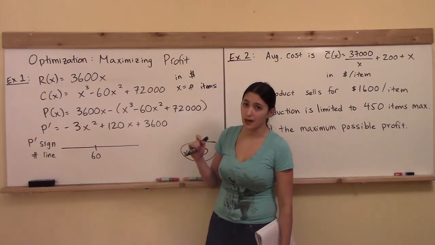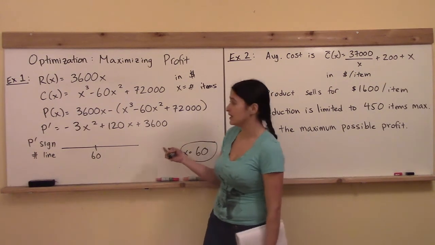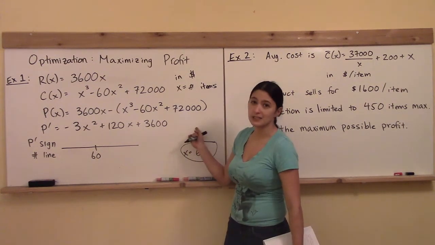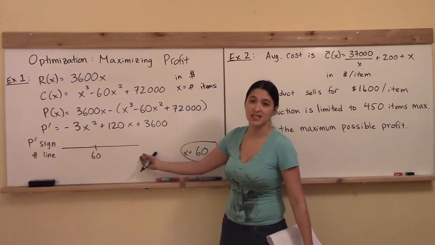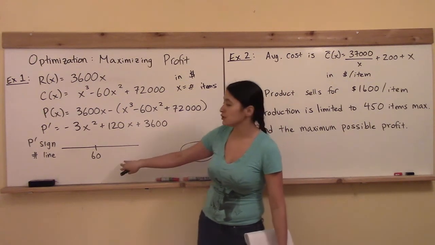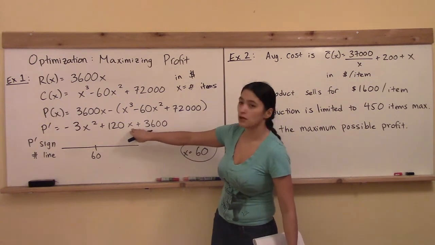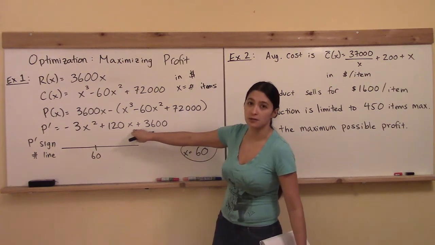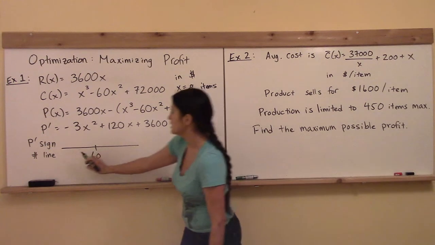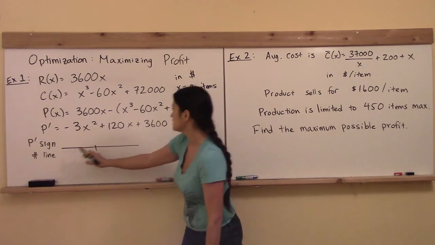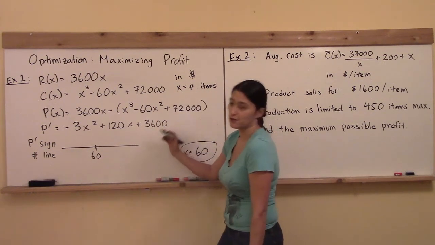Okay? So keep in mind that even if you divide it out by something because you were solving that this equals 0, when you go to the next step, which is the formation of the sign number line, you must plug your test points into the very original statement of the derivative. Okay? So for example over here, I could have tested x equals 0 and come out with positive 3600.